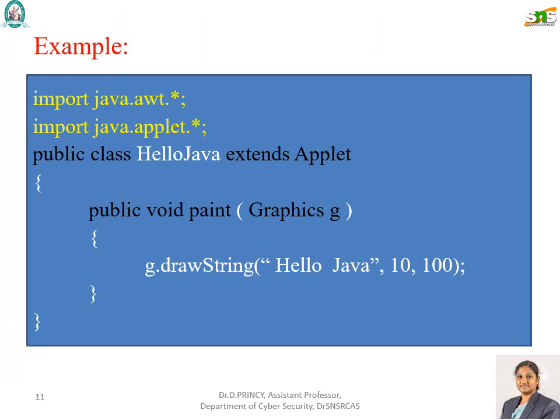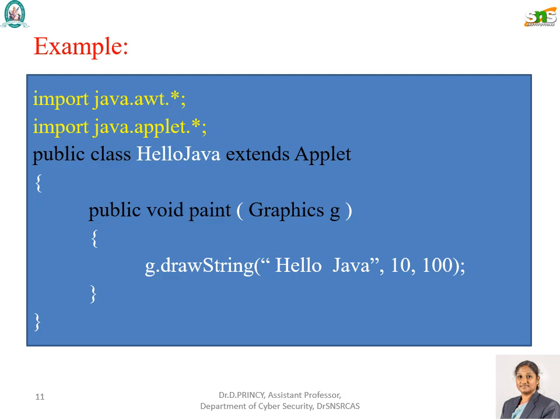This is an example. The java.awt and java.applet packages are imported. Then we have to derive a class from applet, extending the applet class. In that class, we have to include the paint method. It takes a parameter that is an object of the graphics class.